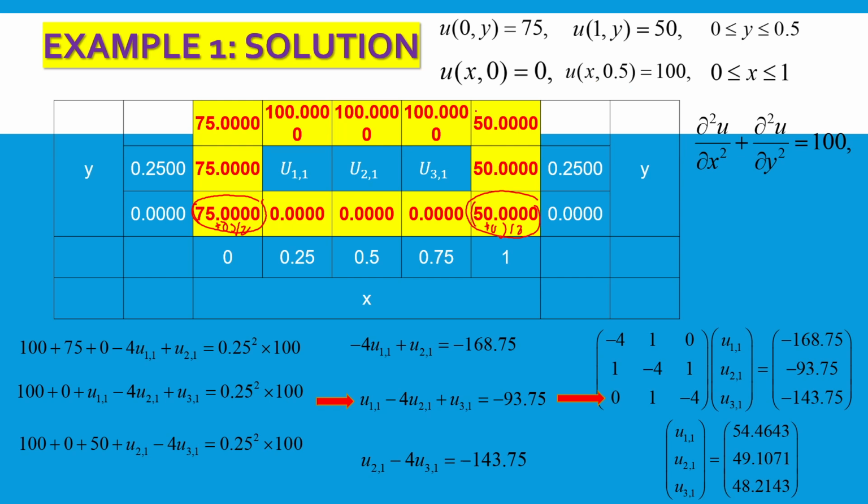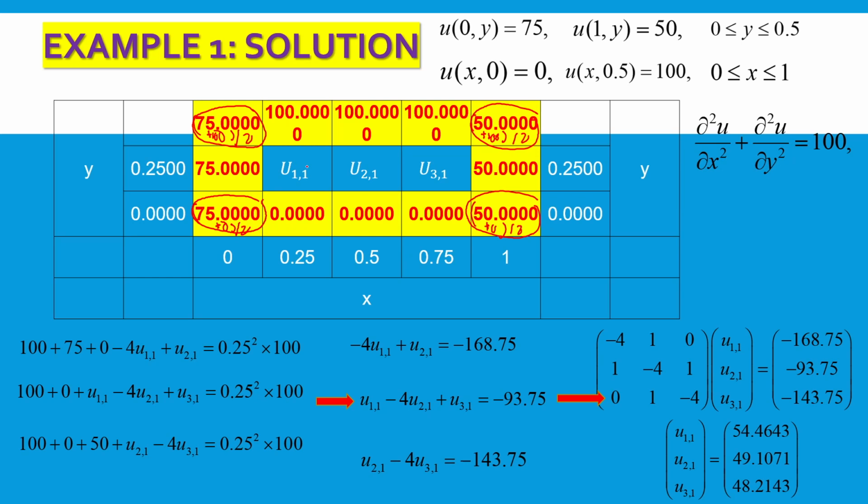So this corner point also contradicts. So you may add up 50 plus 100 divide by 2. This corner point also contradicts because left boundary said it is 75, top boundary said it is 100. So you can use 75 plus 100 and then divide by 2.